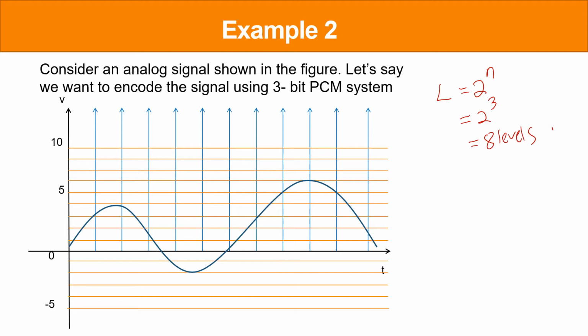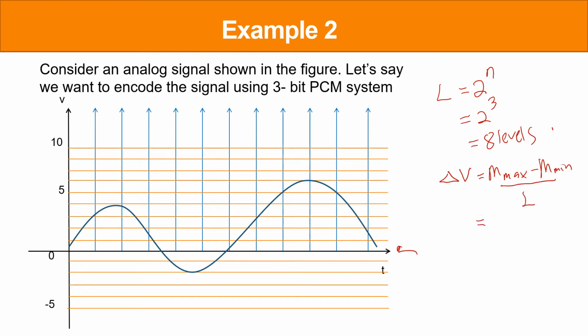So we need to divide this signal into 8 levels. Next, we need to calculate delta V, meaning the step size for this signal. We know that delta V equals M maximum minus M minimum divided by L.